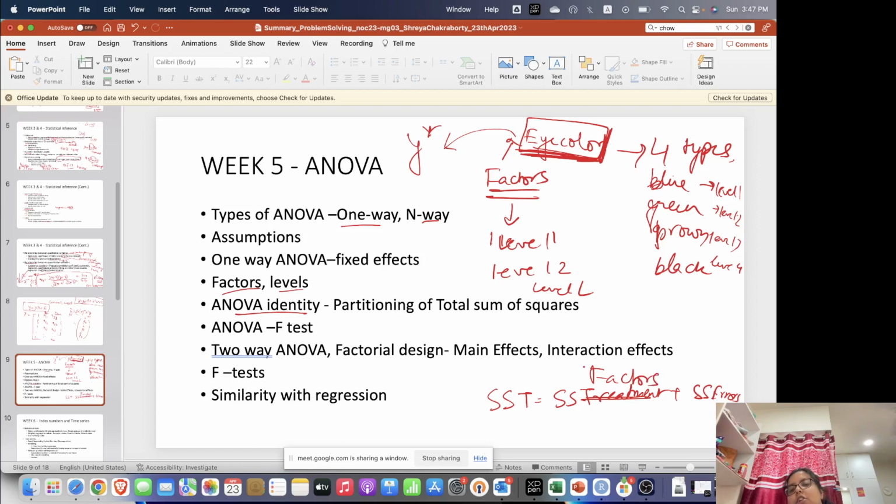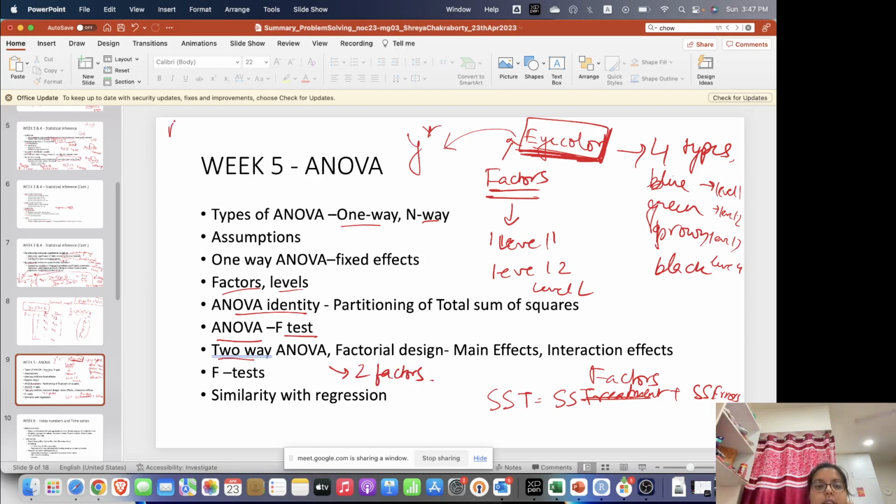So this partitioning of the total sum of squares is something that we learnt about, and the ANOVA tables, we knew how to obtain the ANOVA tables and get the F test. We also learnt about two-way ANOVA, where we have two factors instead of one factor.